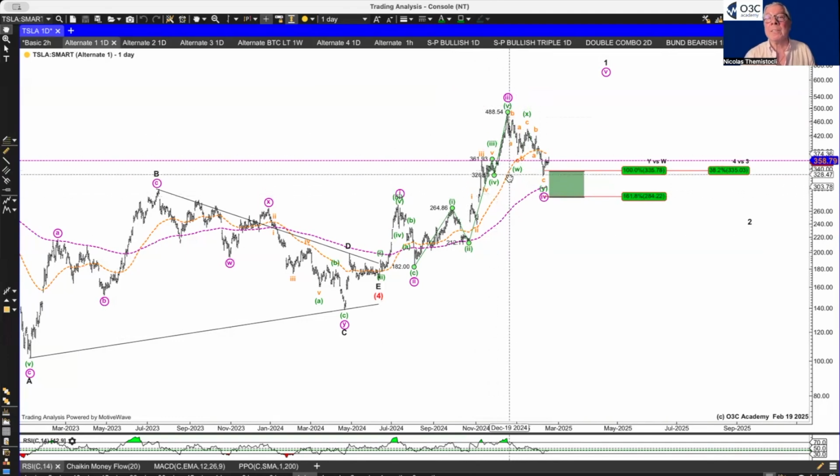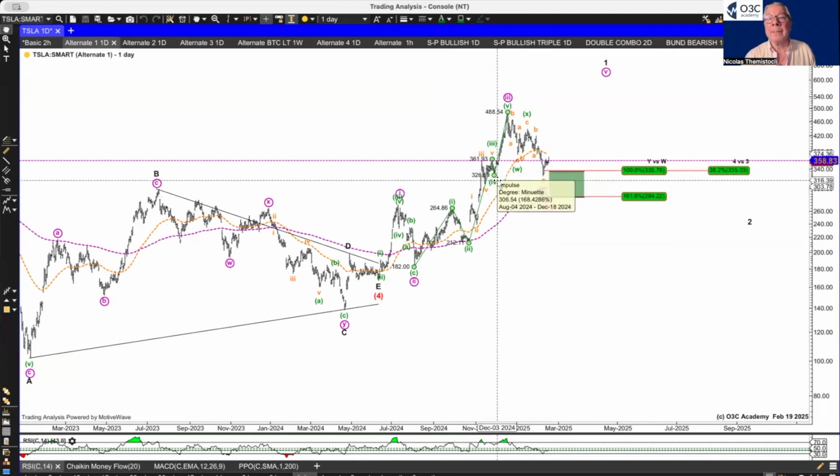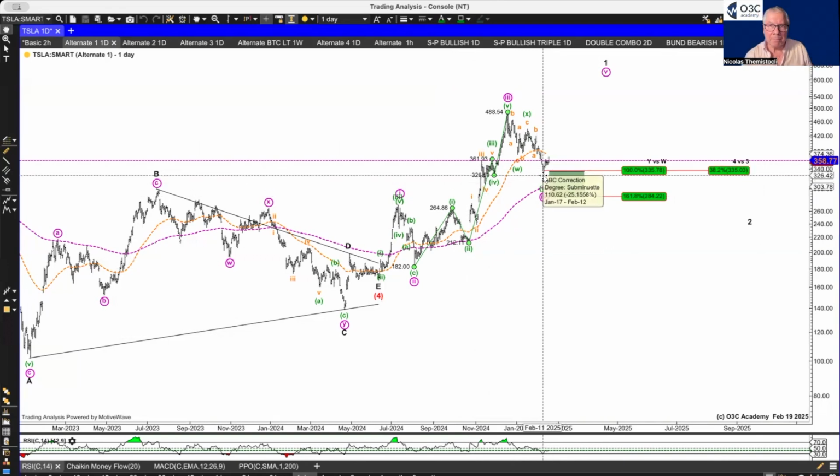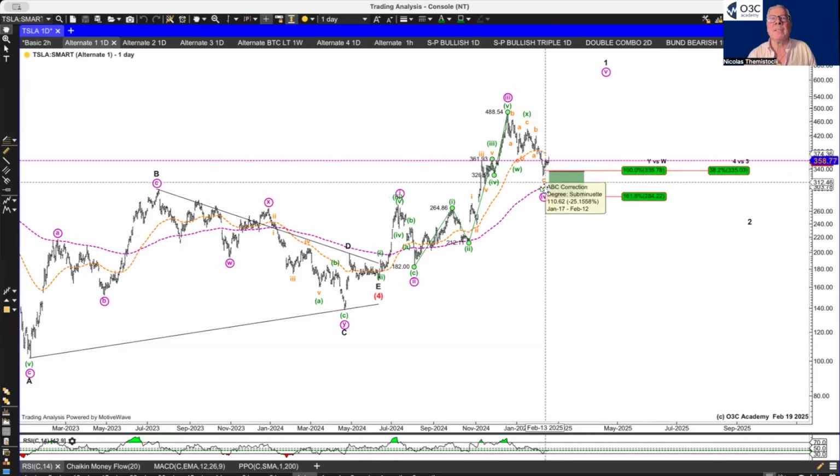The 1 lesser degree is the green, and that certainly ends here. So again, as I say, it's very plausible that there is some kind of support at this level. Very plausible. It's very explainable why price has held at the 325 level, at least initially.